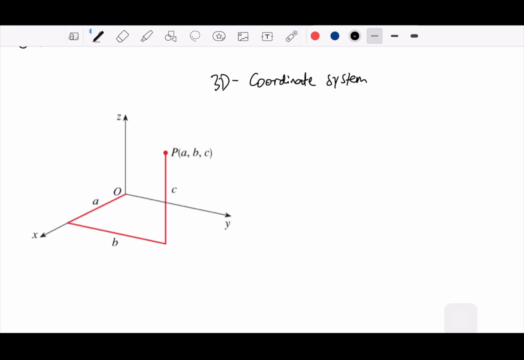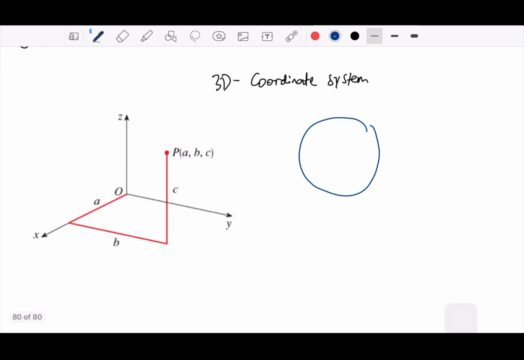If you remember, our 2 dimensions have 4 quadrants, right? In 3 dimensions, we have 8. So 4 here and 4 there, like a sphere. If you imagine a sphere and cut it, you will see 4 regions on each half, so it's 8.